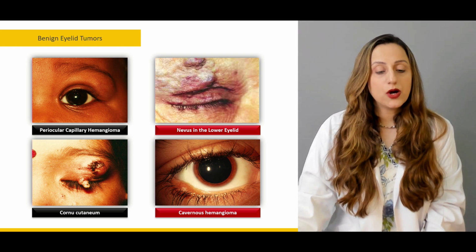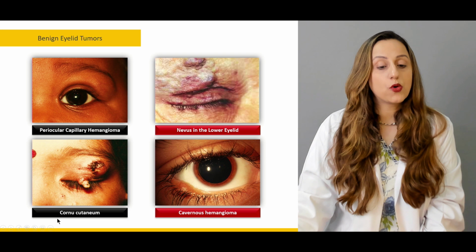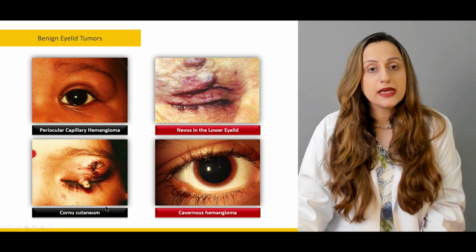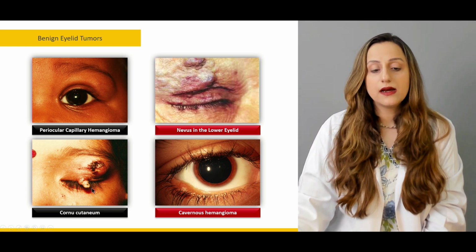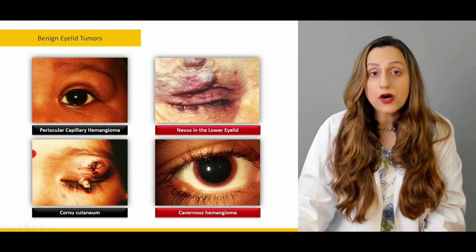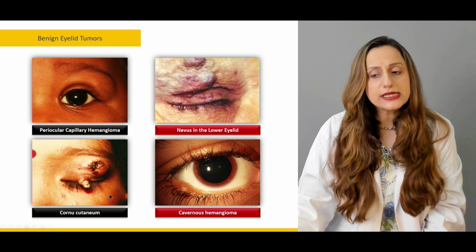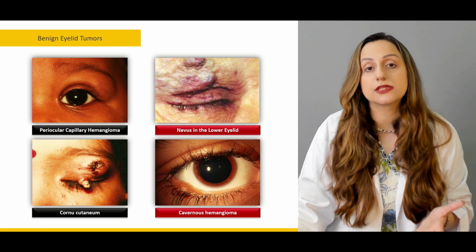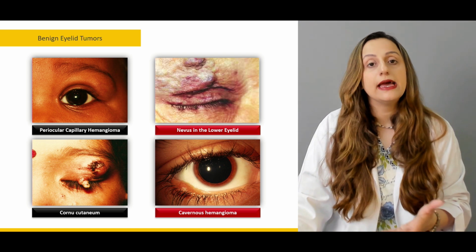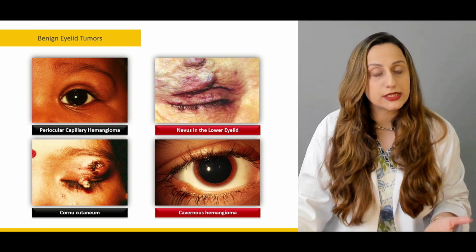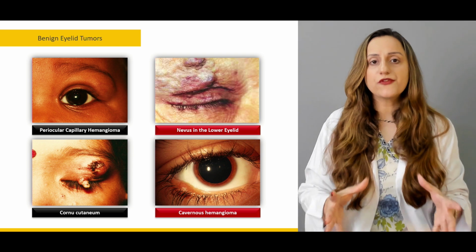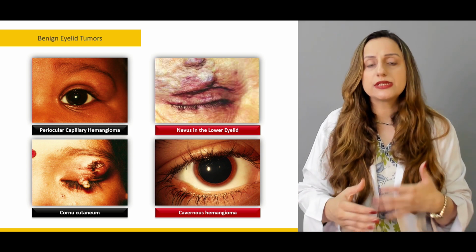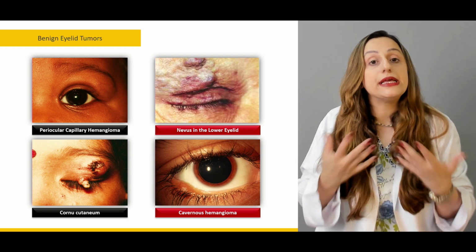Over here you can see there is a cornu cutaneum. It is basically a horn that is present over here, resembling the horn of an animal. Usually it is a benign condition, but sometimes it is borderline malignant, or it can even progress into a malignant condition. It is made up of keratin, the same material that our nails are made up of.